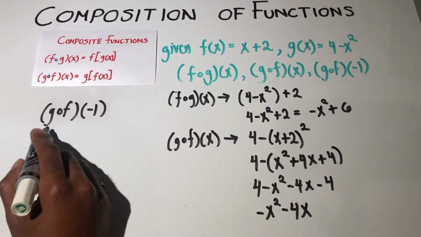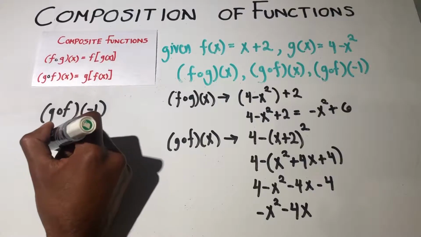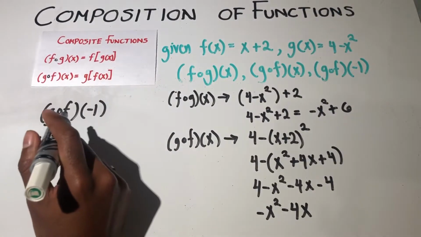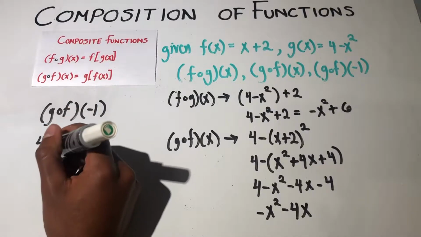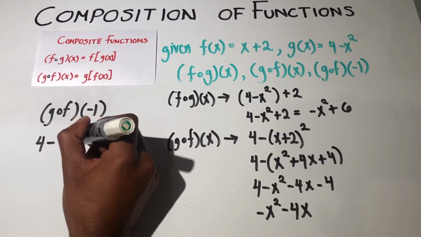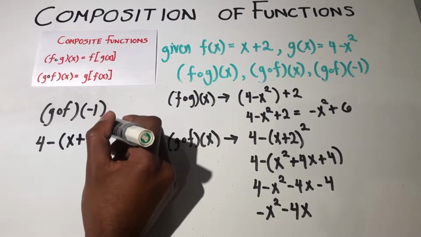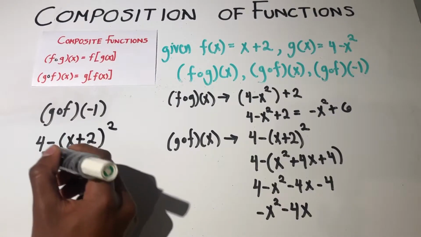We have g, so 4 minus x squared, and then plug in the function f of x within the x of g of x. That's going to give us x plus 2 squared. And then we're going to expand what's within the parentheses.